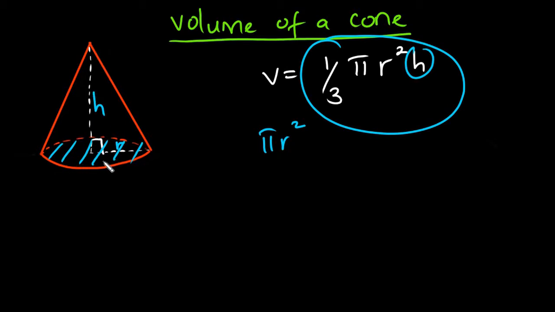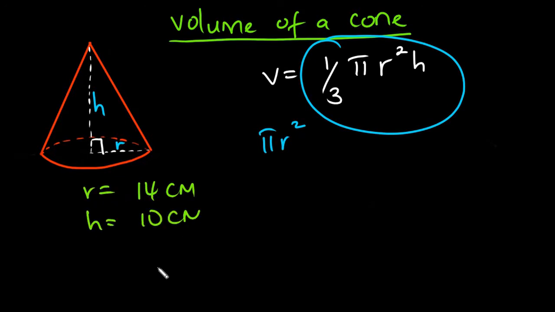Okay, so let's look at one or two examples so that we can understand this in a better way. Let's have the radius of this cone as 14 centimeters, and the height as 10 centimeters.